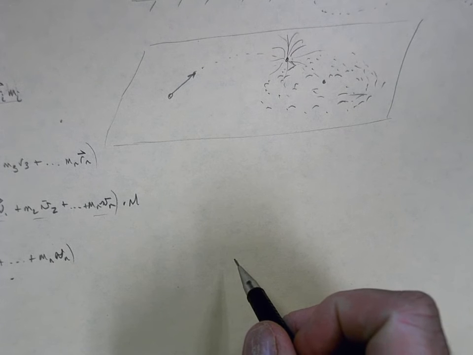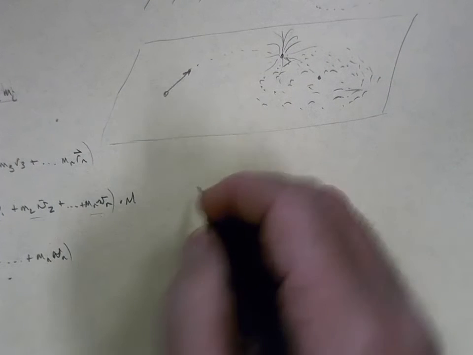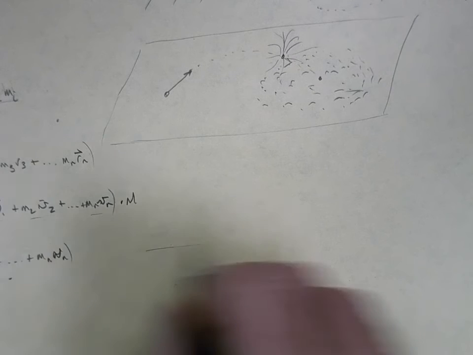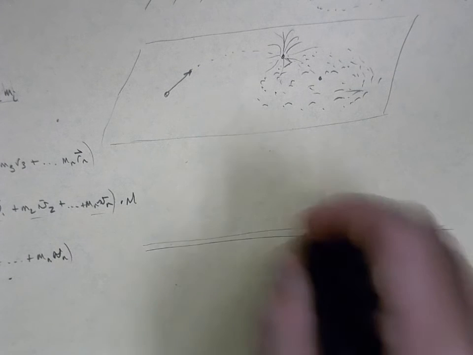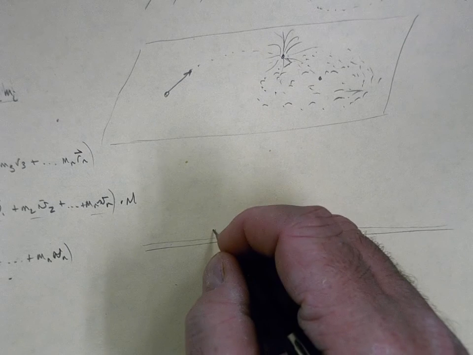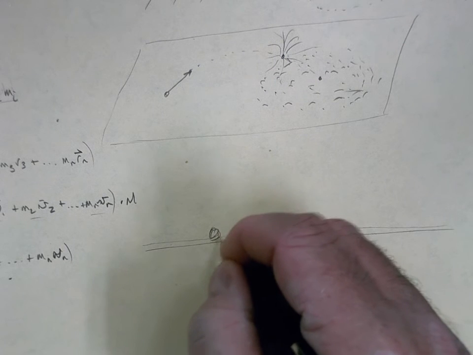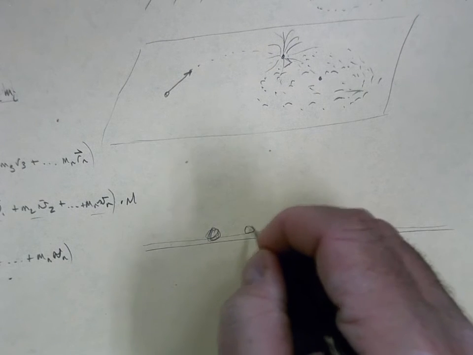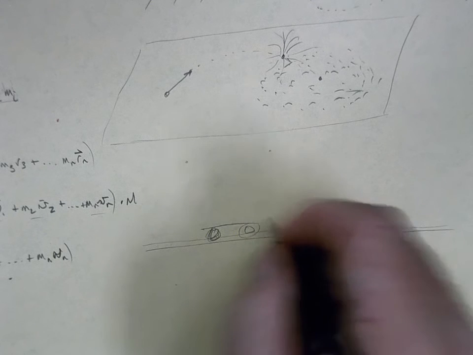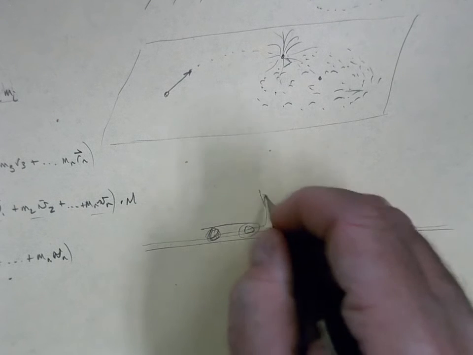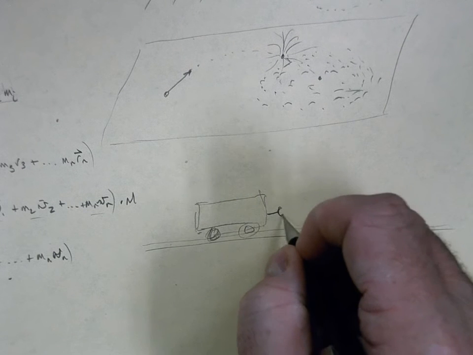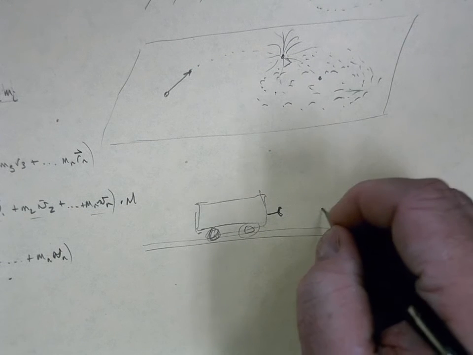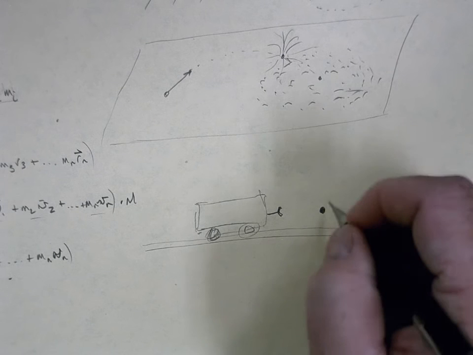So let's say we have two trains, because if there's one thing that a physicist likes as much as a crate, it's a train. Okay, so we've got these two trains, and here's the wheels of the train. This one has its end of its coupling system, and here's the other train's coupling system.